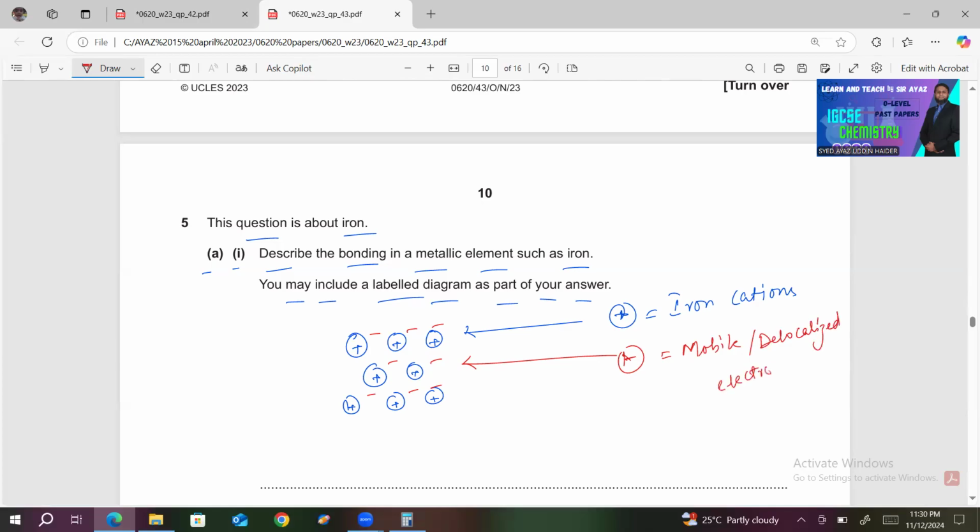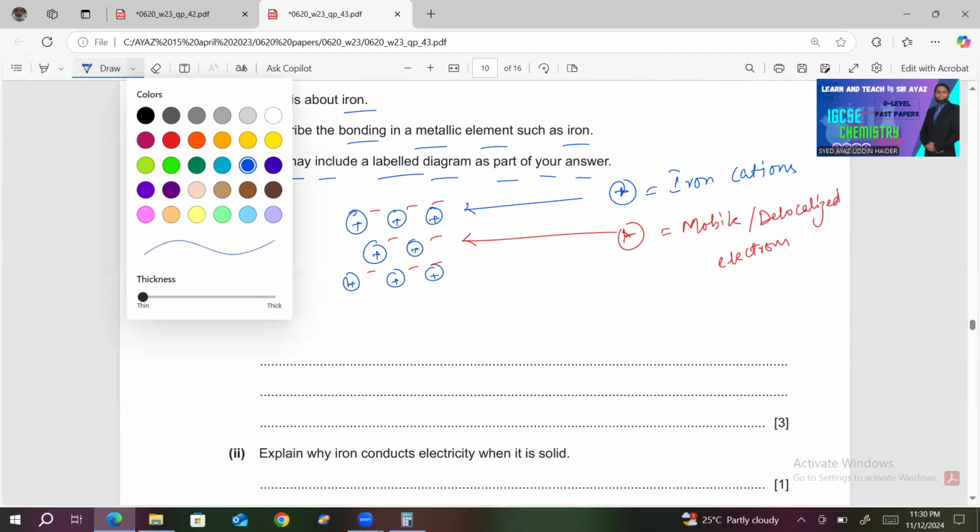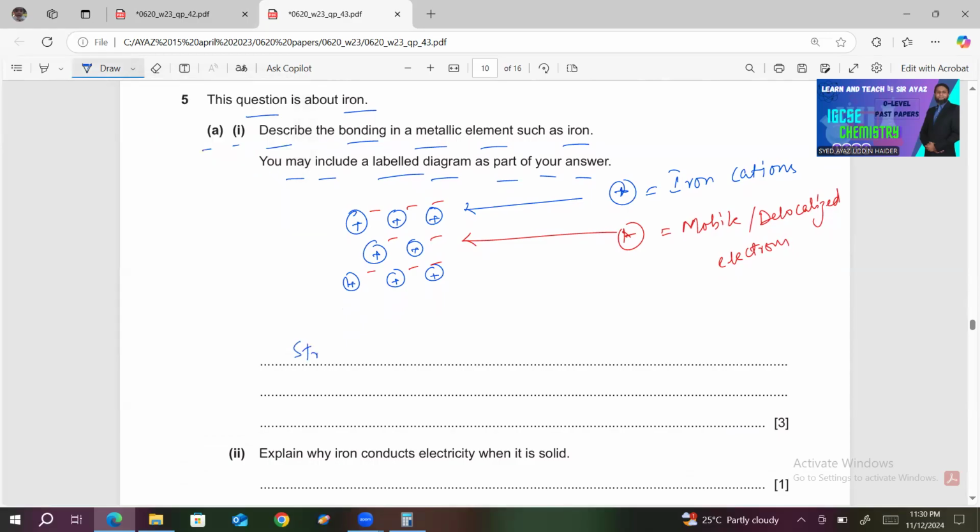Now they are saying you have to describe, and it's worth 3 marks. So you have to mention a few things here. You have to mention the force present, which is strong electrostatic force. So 1 mark for this.